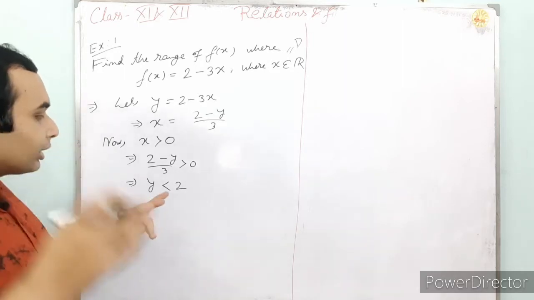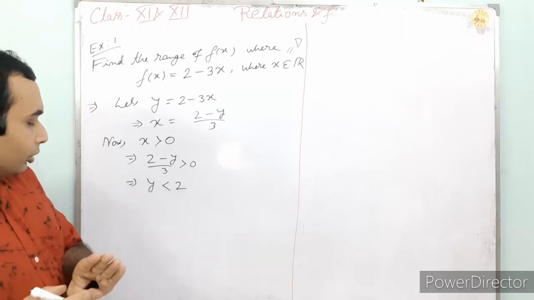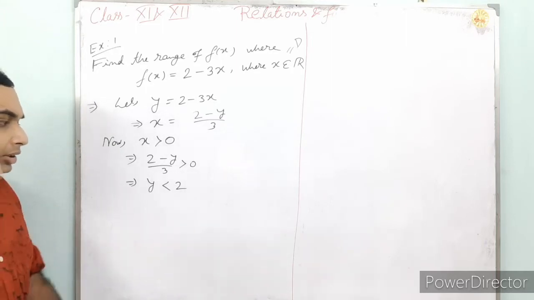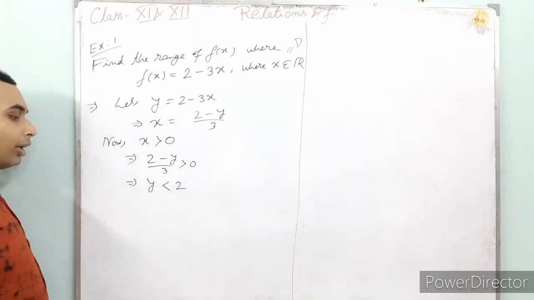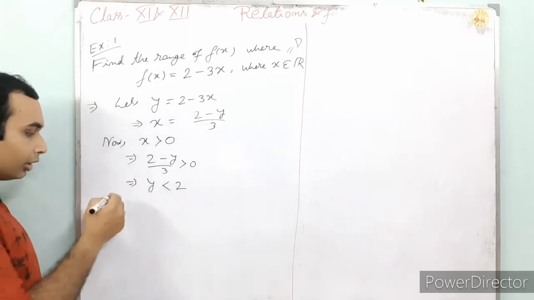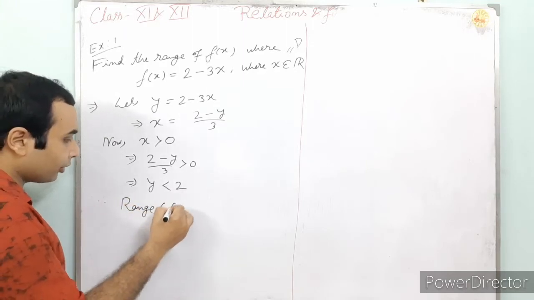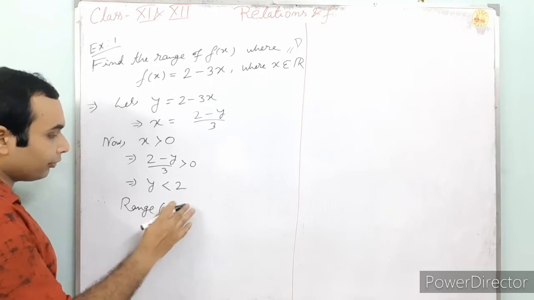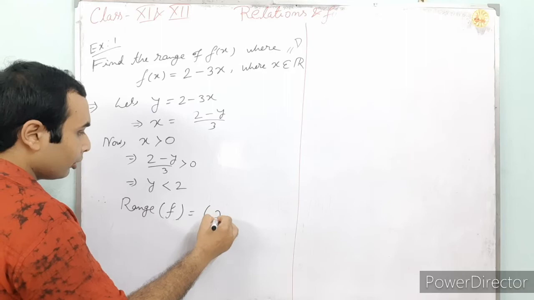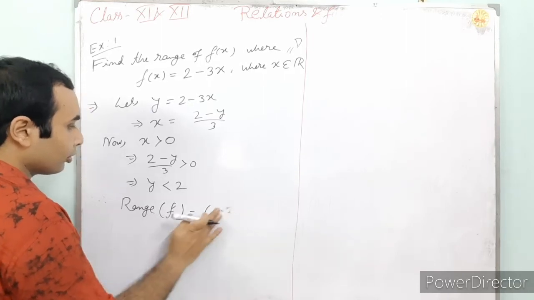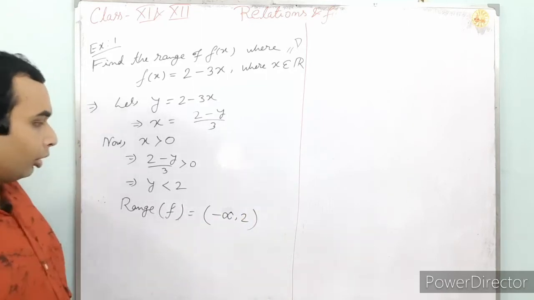That means the greatest value, not the greatest value actually, it is called the upper bound of y. The upper bound of y is 2 only. That means the range of f(x), or range of f, will be minus infinity to 2.